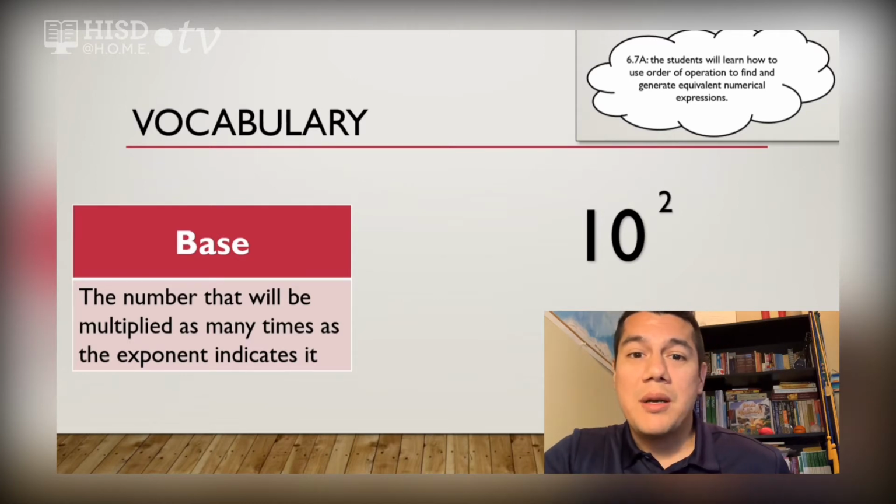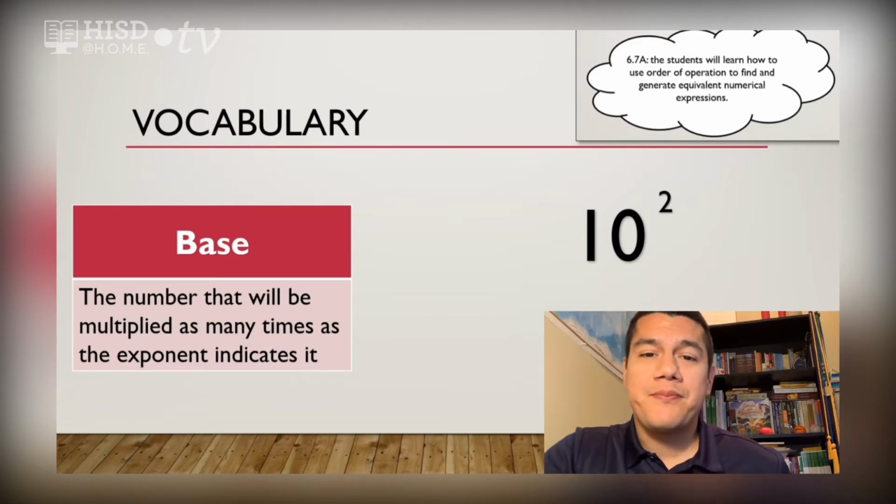The first one is going to be base. When we have an exponent, we have a number that is the biggest one, and that's called the base because that's the one that is going to be multiplying by itself.